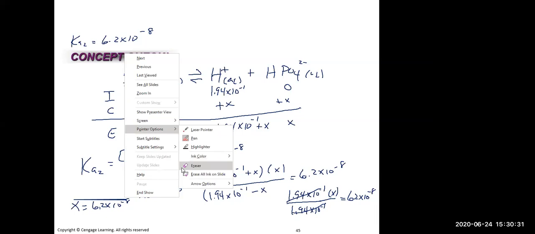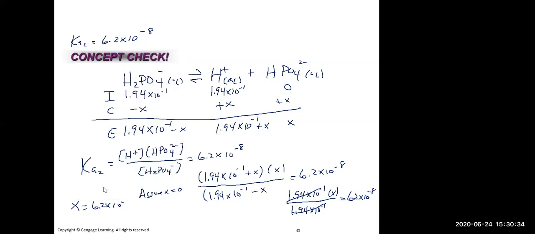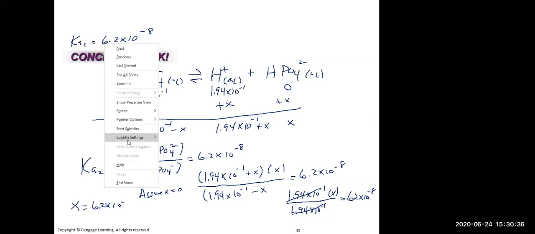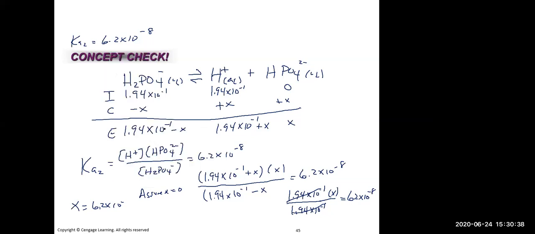So we're going to take our 6.2 times 10 to the minus 8 and divide it by 1.94 times 10 to the minus 1, and when you multiply by 100, you get something like 0.00003%, which means, again, the check is good.